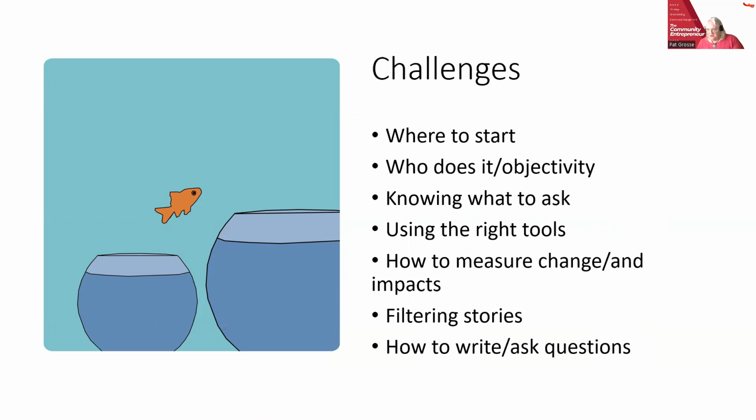The right tools: there's a lot of tools that you can choose from. How you measure change at the beginning, in the middle, and the end. How to filter stories: gather a number of them all on the same theme and work out the common trends. And then how to write and ask questions, being mindful of who you're approaching, their demographic, the time of day, their literacy skill levels, etc.